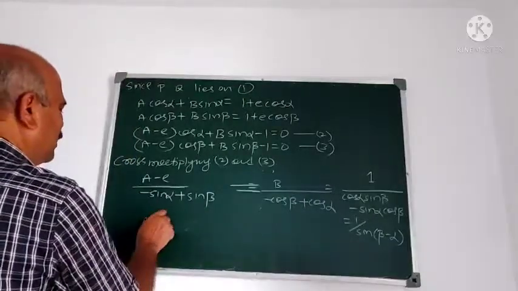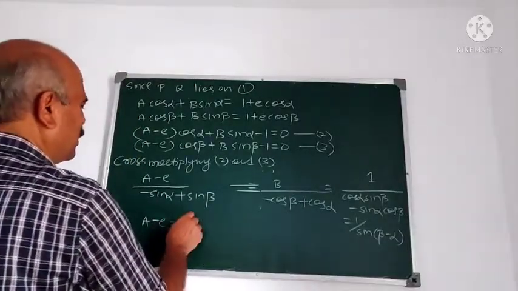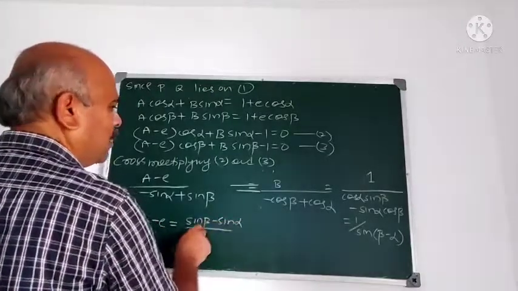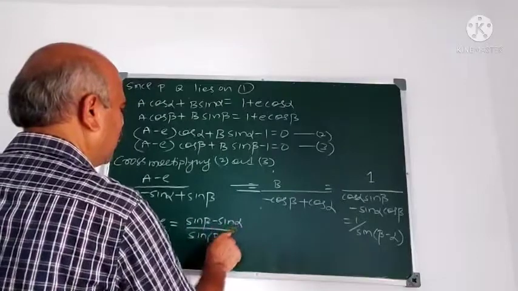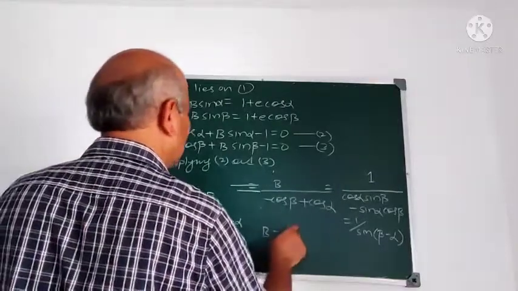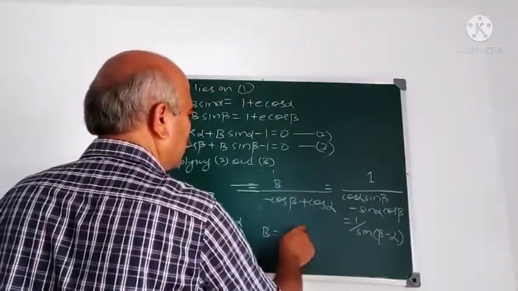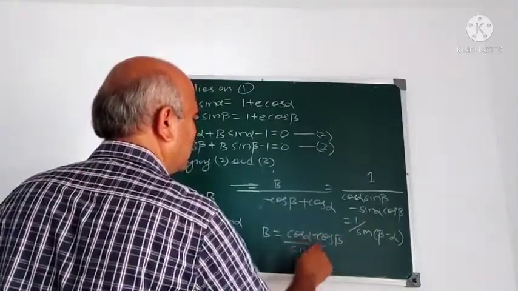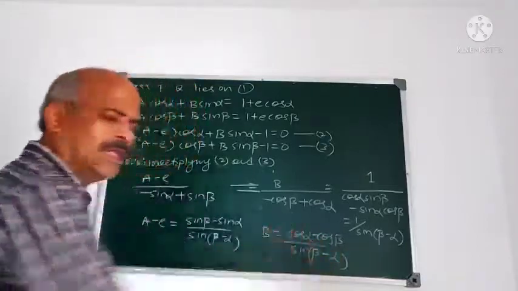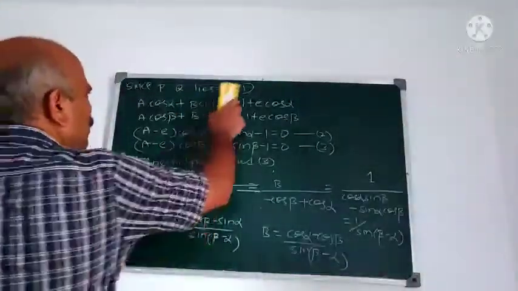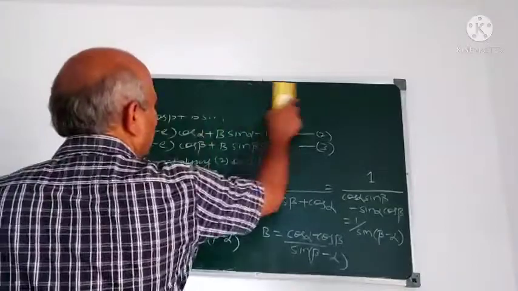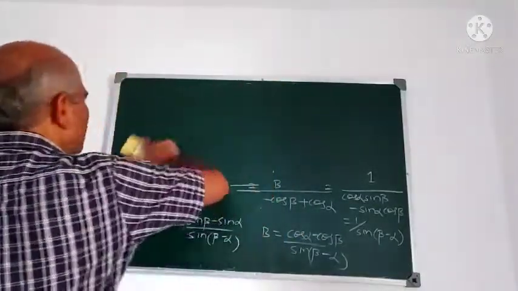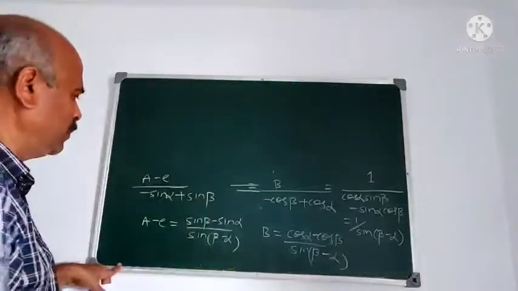Therefore A minus e is sin beta minus sin alpha divided by sin of beta minus alpha, and B is cos alpha minus cos beta by sin of beta minus alpha. This gives the values of A and B, and substituting in 1 we get the equation of the chord.